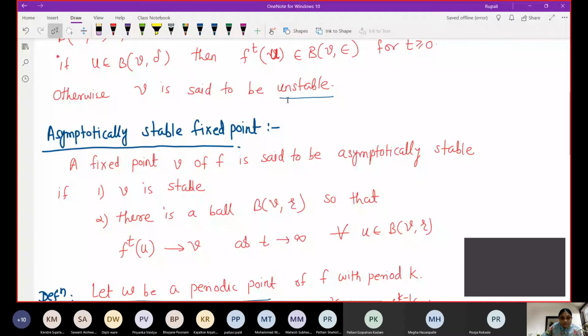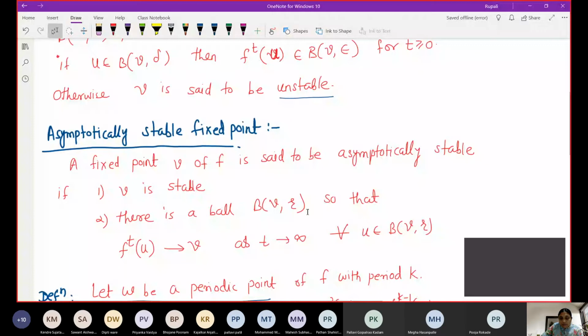Okay, and what is the additional condition it requires? There exists a ball B(V, R) centered at V with radius R so that f raised to t at u converges to V. This means all solutions near to V converge to V as t tends to infinity.